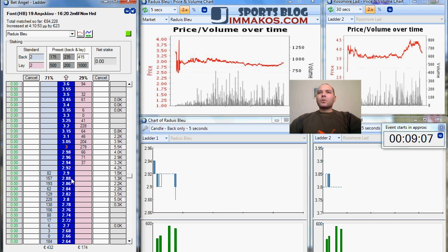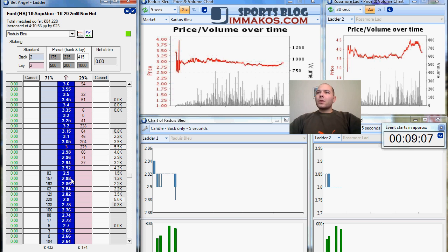So the favorite horse, his odds are trading downwards, having started from somewhere around 3. He has touched about 2.8, and I could predict a continuation of that trend.